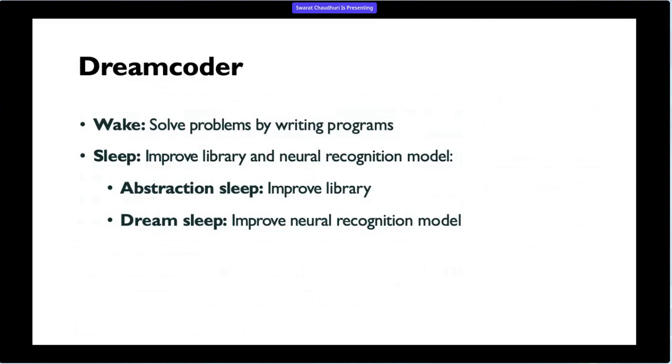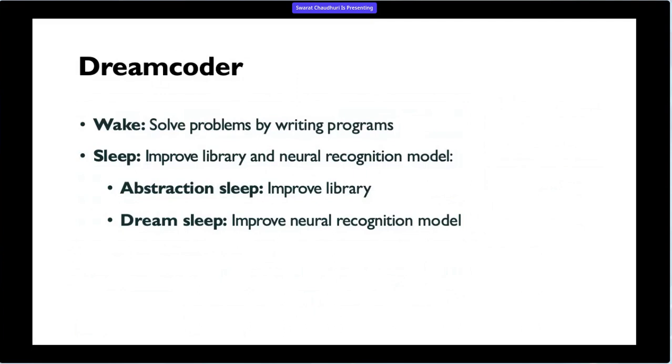Well, you avoid that by being able to search in a very targeted way. And the way you search in a very targeted way is by building this recognition model that learns to recognize, oh, this kind of problem looks like the kind of problem that needs this and this and this component.